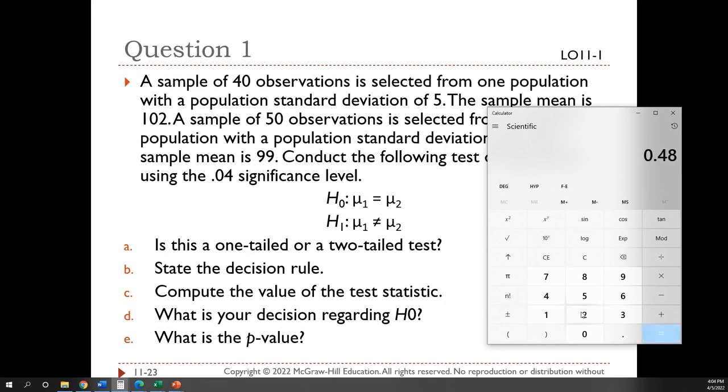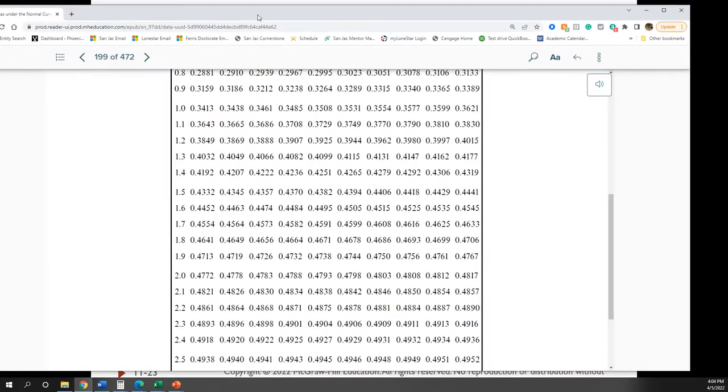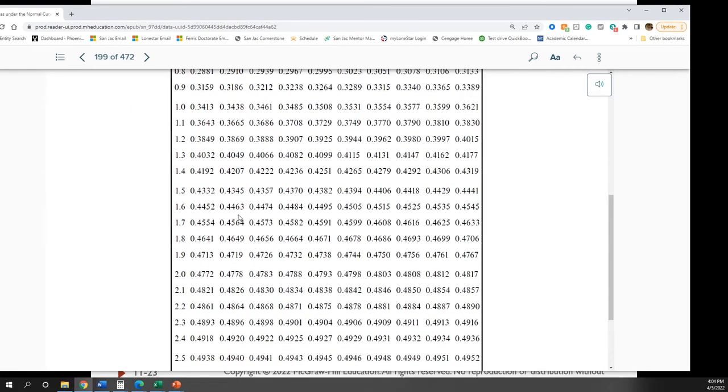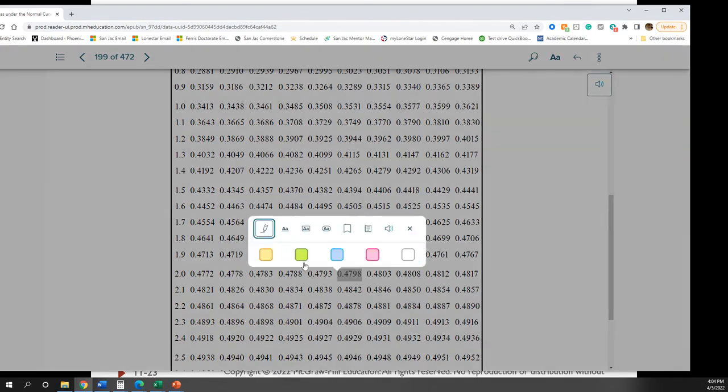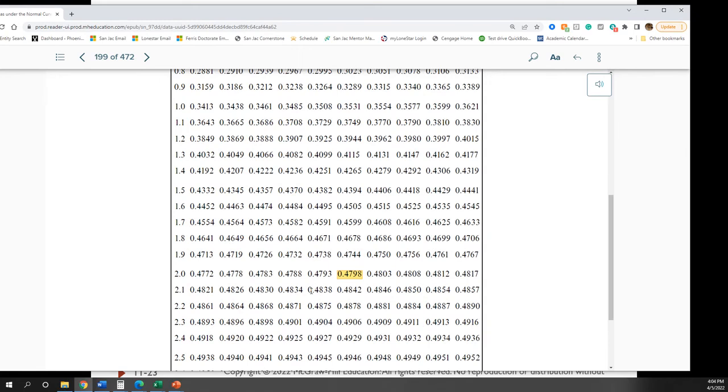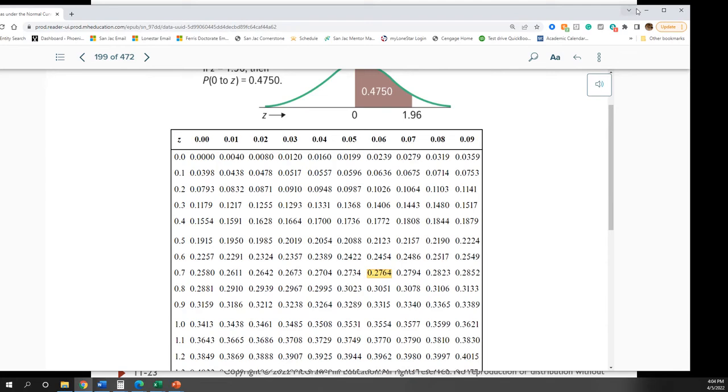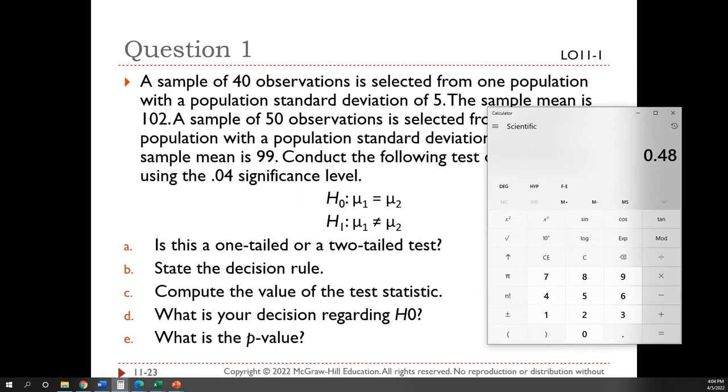And since it's a two-tail test, we're going to divide by 2. Mostly, we divide by 2 no matter what. So we get 0.48. Now, going to our table, we need to find the closest value to 0.48 without going over, which is right here: 0.4798, so that says 2.05.